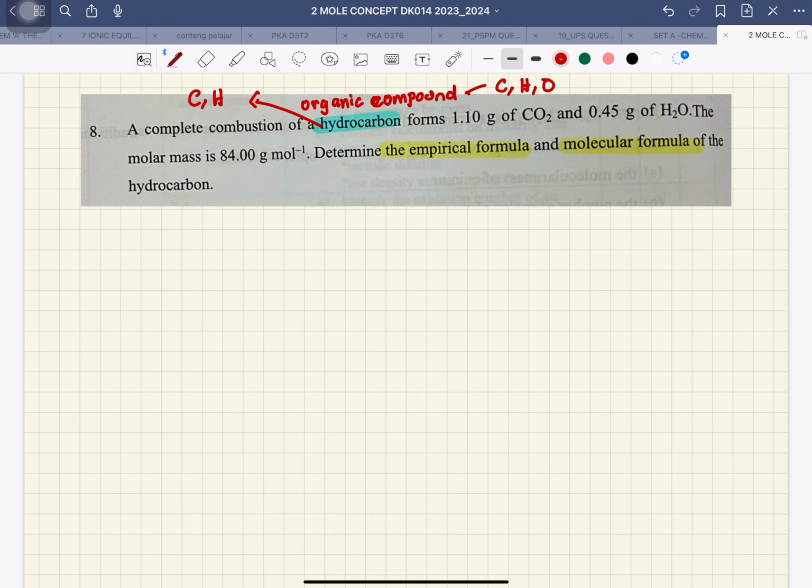Okay, so how can we determine the empirical formula? We have to construct the Marmora. So let's construct Marmora.